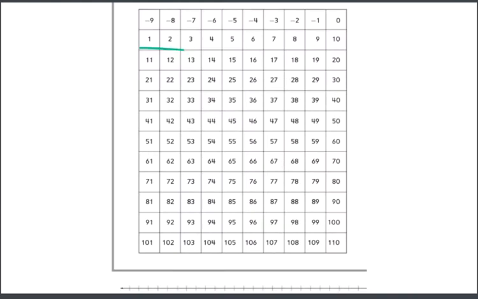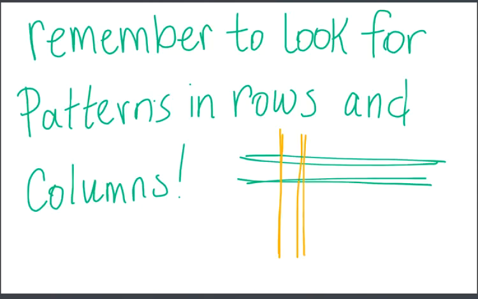That our hundreds chart increases by ones going across or decreases by ones going backwards in rows, and if we use our columns, the numbers increase or get bigger by 10 as they go down the number grid, or they decrease or get smaller by 10 as they go back up the chart.